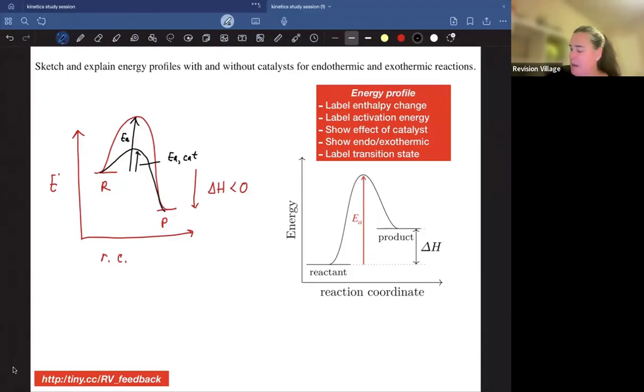Exo means exothermic. I'm not sure where I wrote that, but exo means going out into the surroundings. So exothermic means that you release heat to the surroundings.